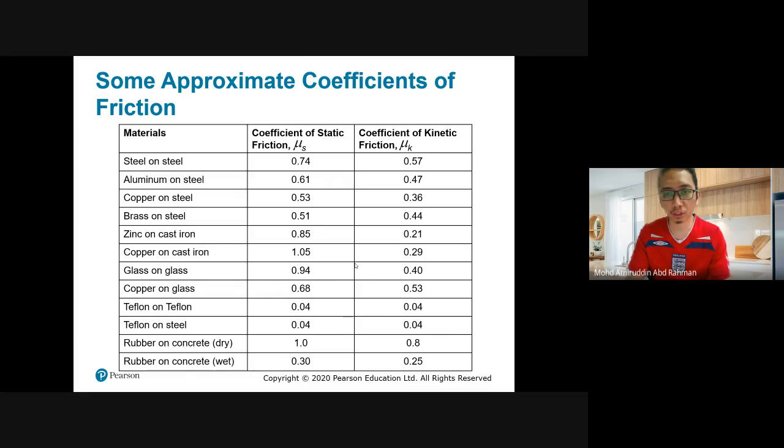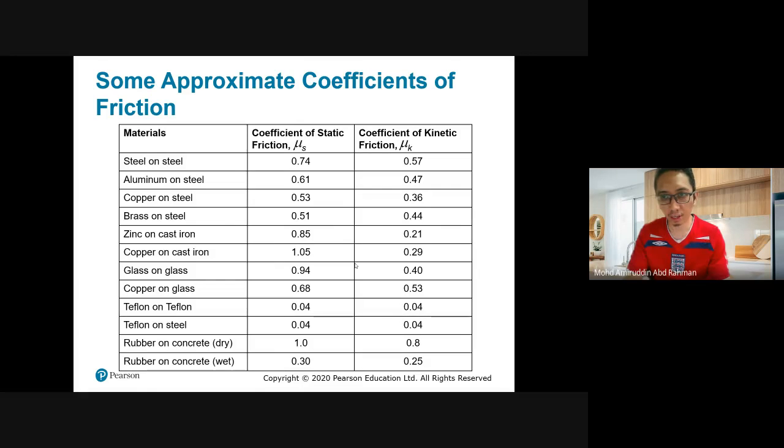The highest from the table is 1.05, which is copper on cast iron. That is the highest coefficient of static friction.